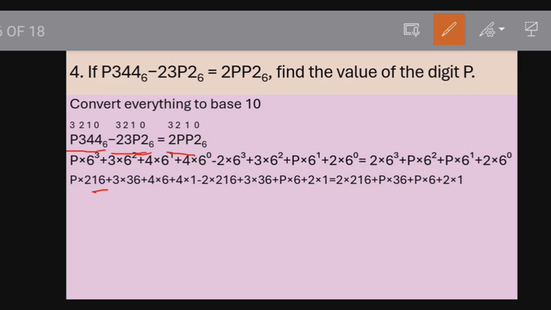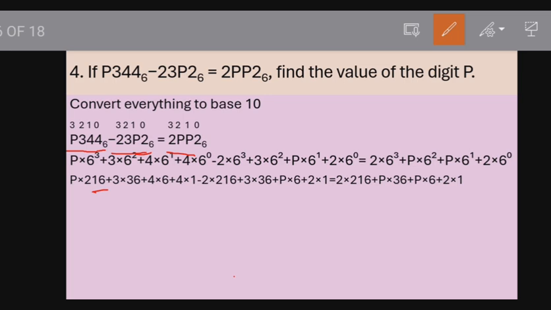That's why we have 4 times 1, minus 2 times 6 raised to power 3, which is 216, plus 3 times 6 raised to power 2, which is 6 times 6, that's 36, plus P times 6 raised to power 1, which is going to give us 6, plus 2 times 6 raised to power 0, which is going to give us 1.